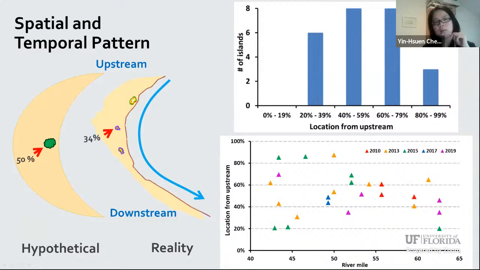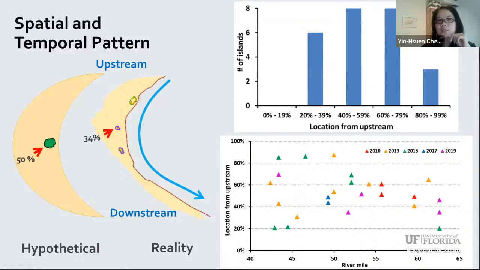So the hypothesis is that those vegetation islands probably prefer the area far away from the water, so they want the wider bar surface area. But in reality, there's no perfect crescent-shaped point bar. This is one example of the bars I digitized, so it's kind of hard to couple this idea with our result.